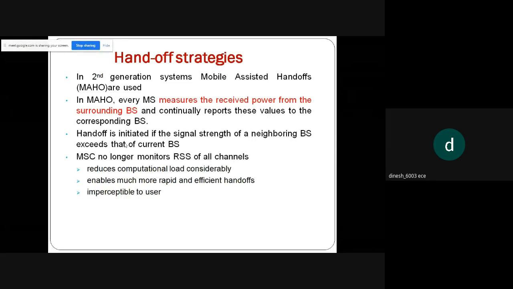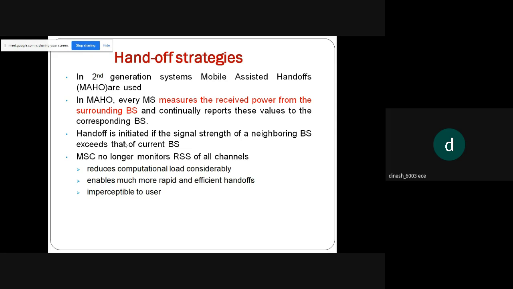As the mobile switching center no longer monitors the received signal strength of all the channels itself, the computational load is reduced considerably. It enabled much more rapid and efficient handoffs, and it became imperceptible to the user.